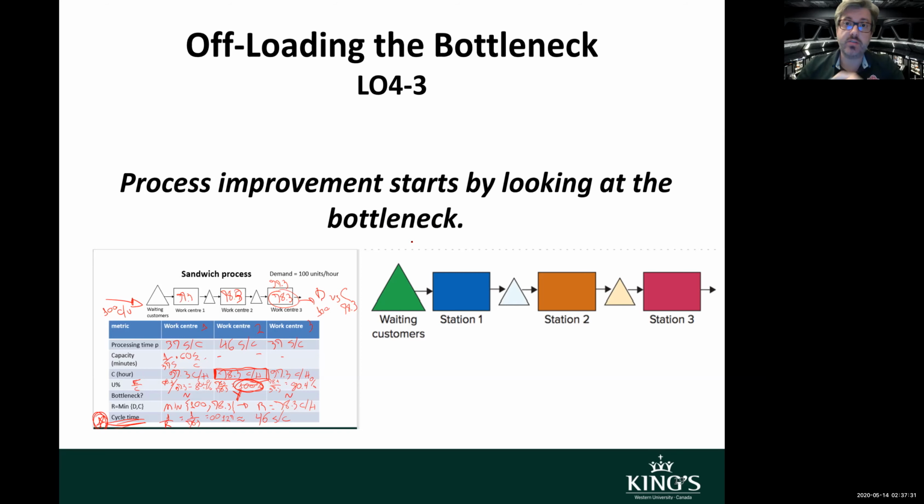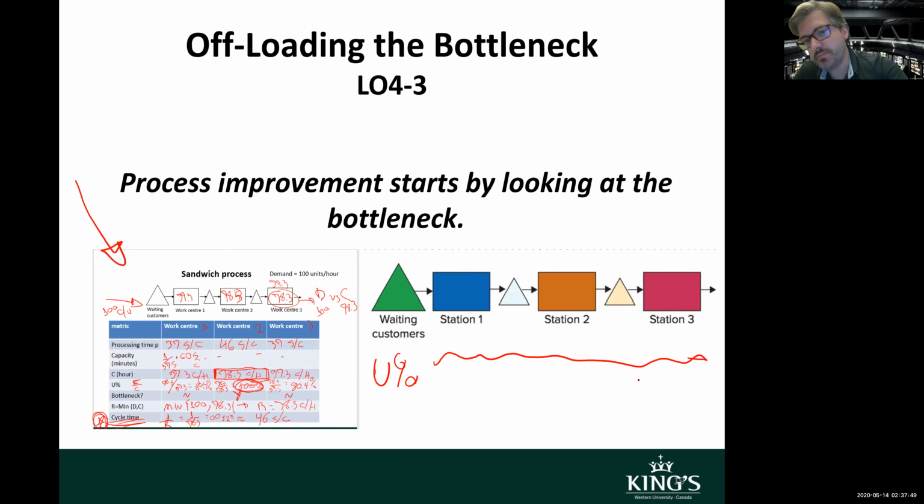The other one is offloading the bottleneck. So we saw from the previous class how it is that we can find bottlenecks in a process. And then the idea here is that the utilization rate should be roughly the same between all the stages in your process.